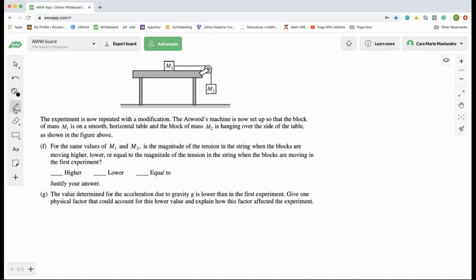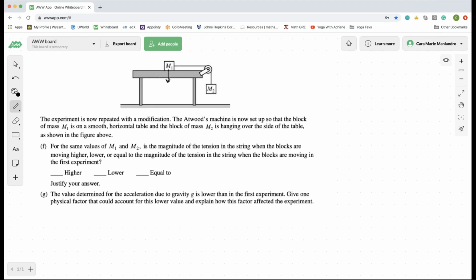So our experiment is repeated with a modification. Now we set it up so that the block M1 is on a smooth horizontal table and M2 is hanging over the side. For the same values, what is the magnitude of the tension? I'm going to start by drawing a free body diagram.